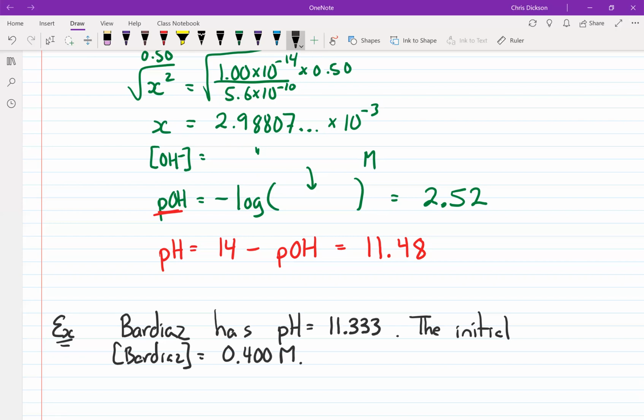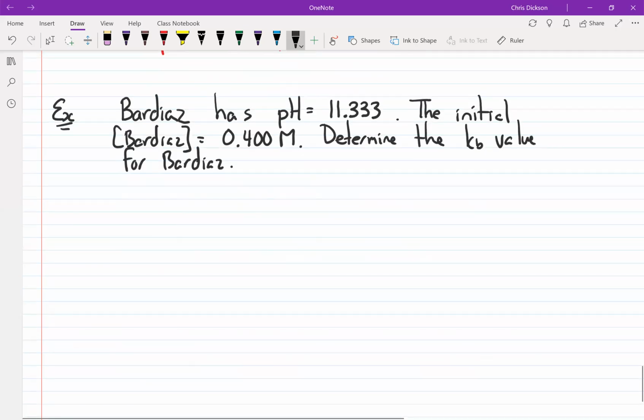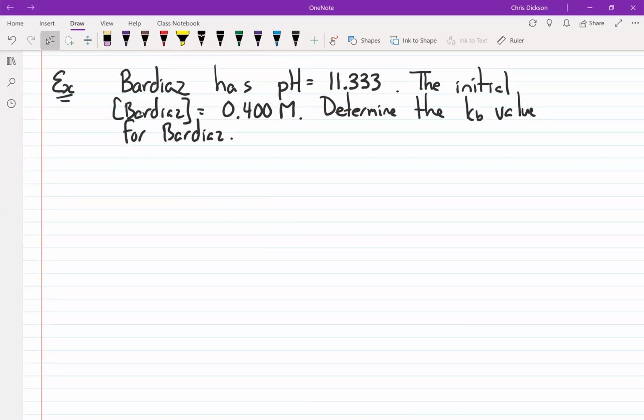And we ask you to determine the Kb value for Bardias. Okay, so there's our setup of our question, and it's a bit different than the other ones we've been looking at here.